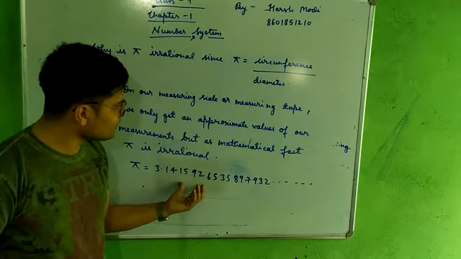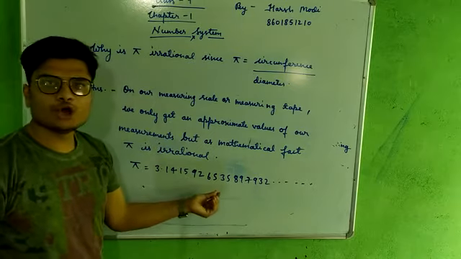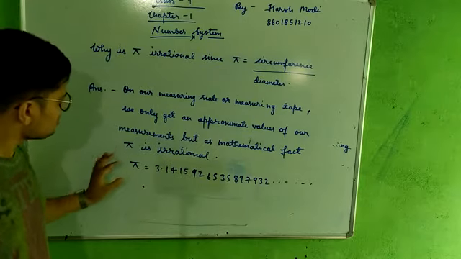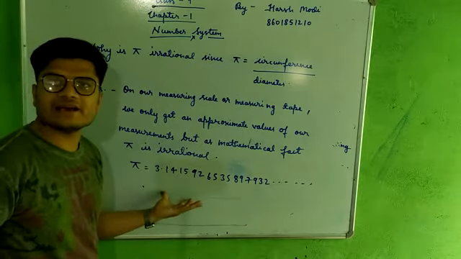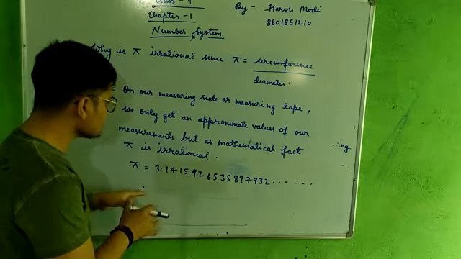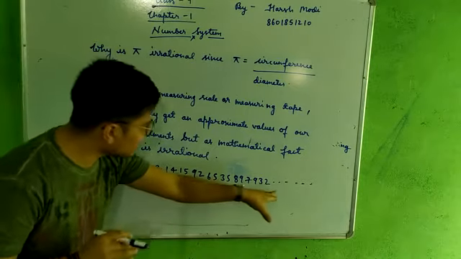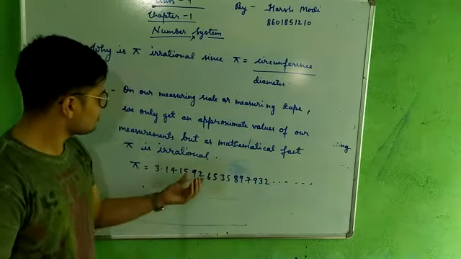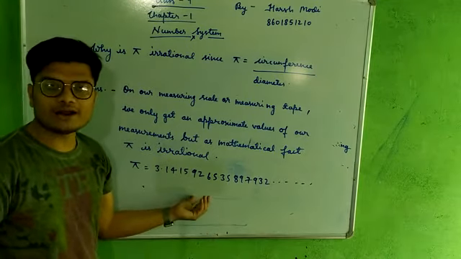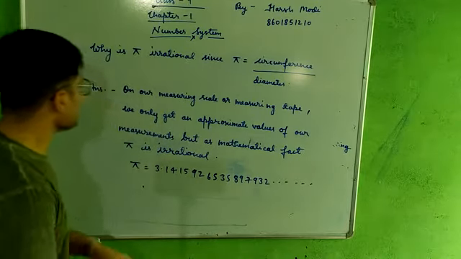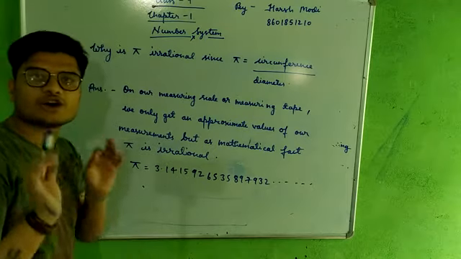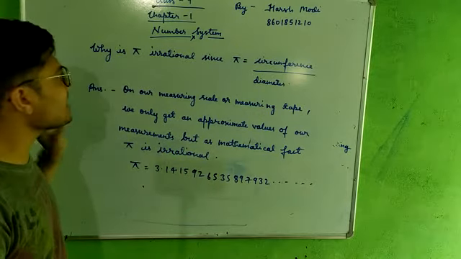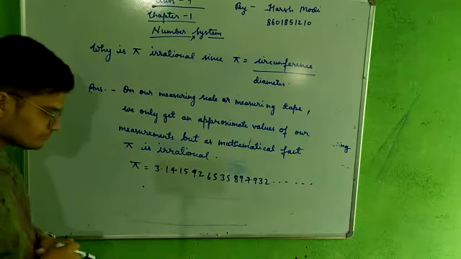If you see the value, we get neither repeating nor terminating digits, which is the actual value of pi. It continues up to a trillion decimals, so it is neither terminating nor repeating. That's why pi is an irrational number. Consider that answer.